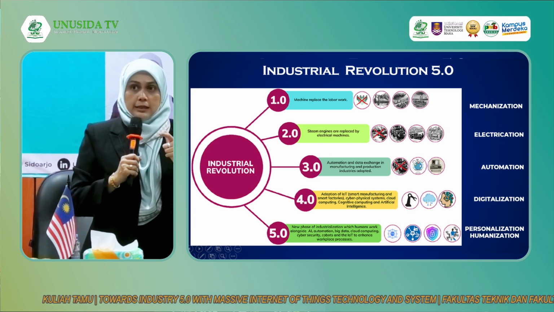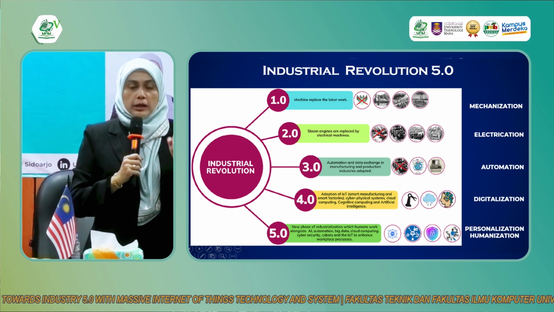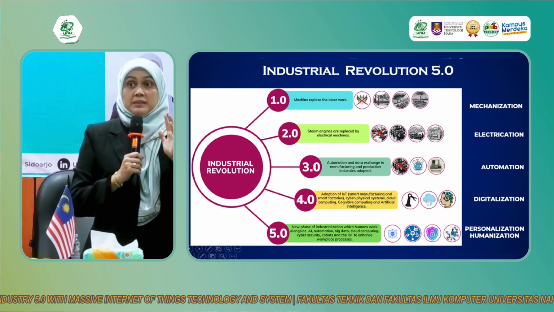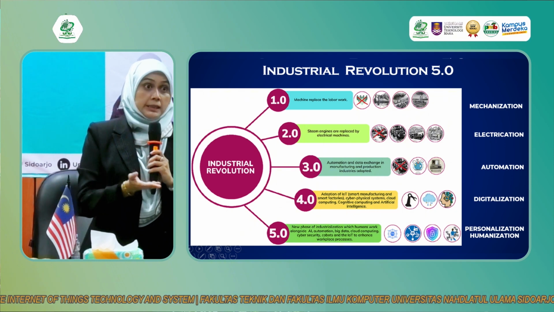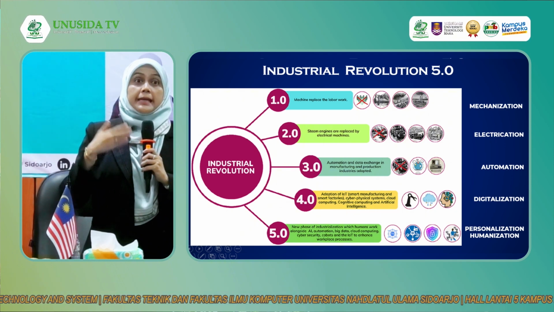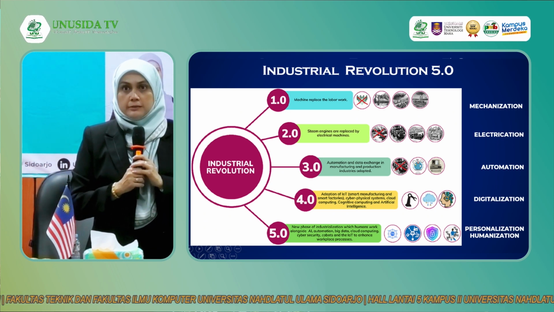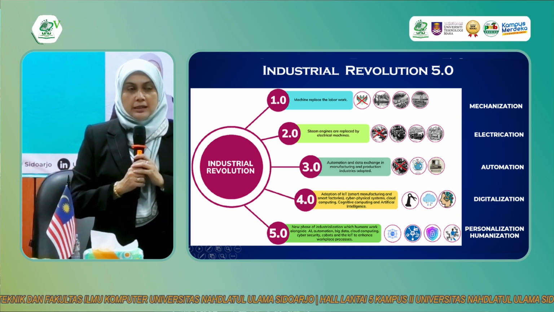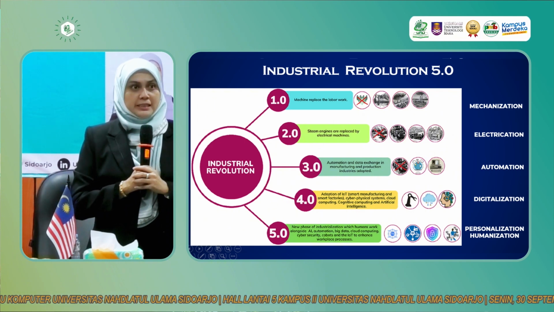You need to understand the difference: IR 4.0 goes from machine to machine, IR 5.0 is human to machine, and for the future, IR 6.0 is nature to machine. Have you ever watched the movie Avatar? Avatar is Industrial 6.0, nature to machine.